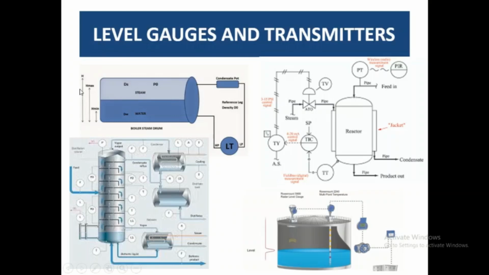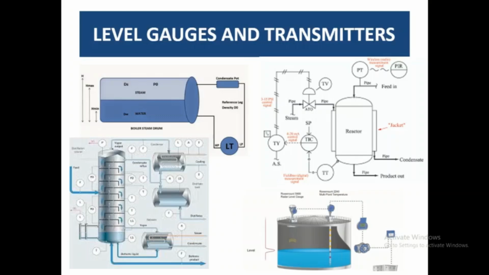If I want to know how much water is available in that vessel, or if I am interested in doing the mass balance across this unit, then certainly for the inlet stream I need to install a flow meter there as well.